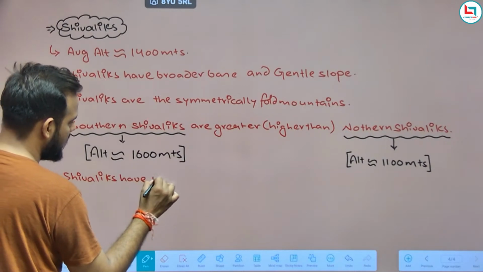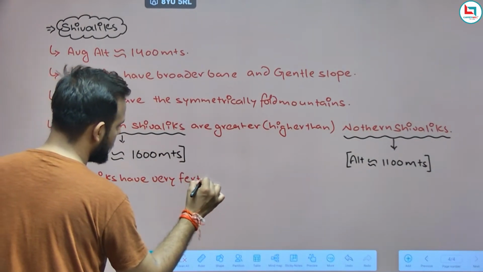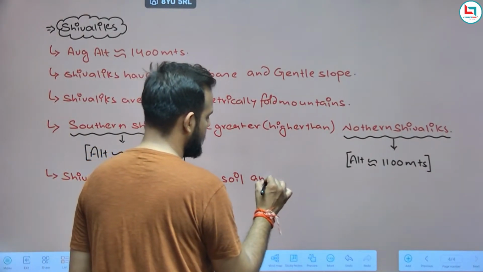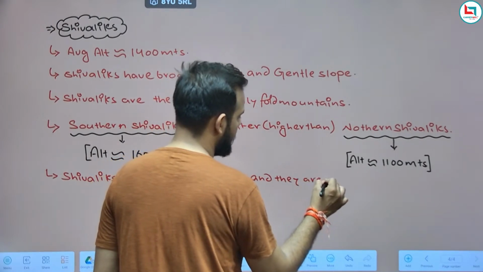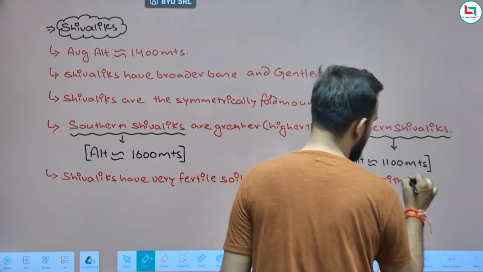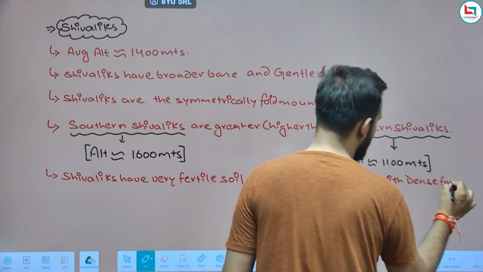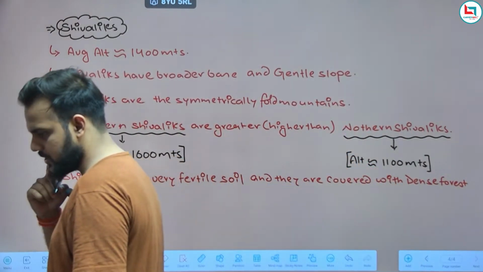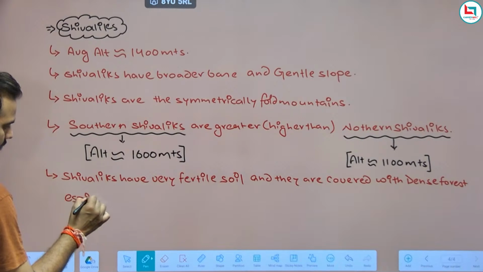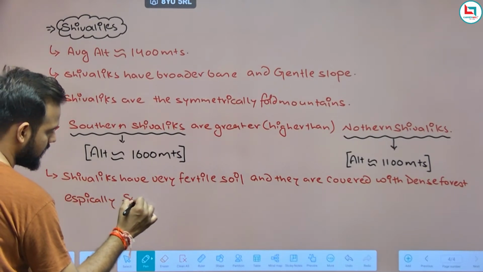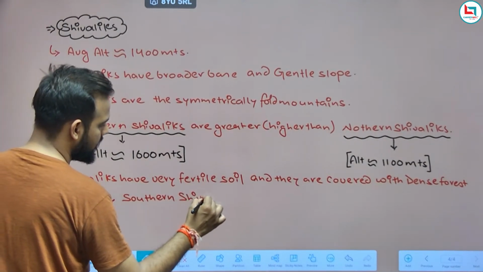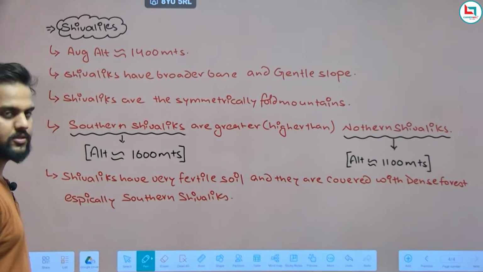Shivaliks have very fertile soil and they are covered with dense forest, especially the southern Shivaliks.